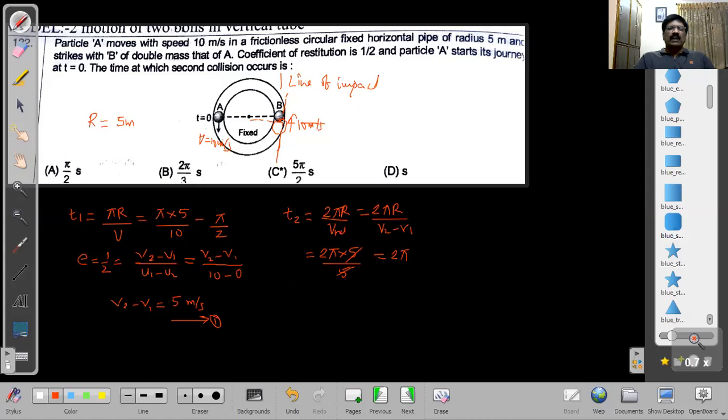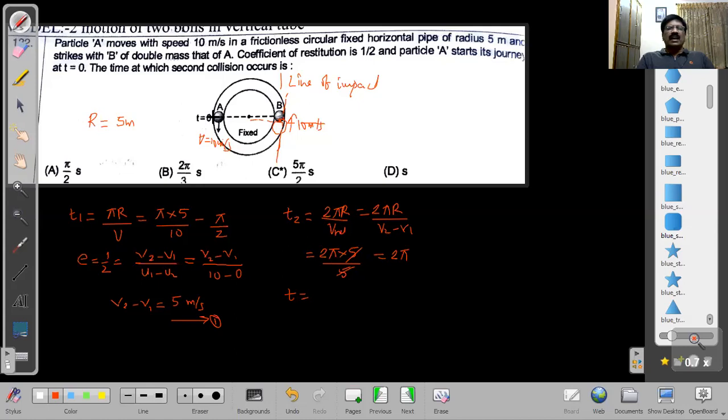Therefore, the total time after A starts its motion from point t equal to 0, after which the second collision occurs. After t equal to 0, whenever the first body starts its motion, it makes the first collision after t1 seconds. Then, to make the second collision, body B takes time to travel with respect to A along the circumference, and makes the collision after t2 seconds.